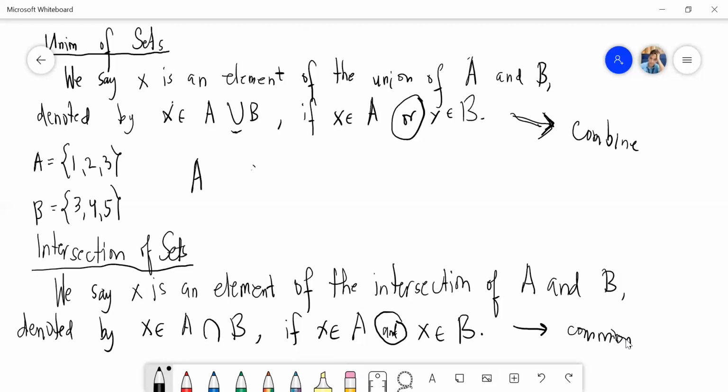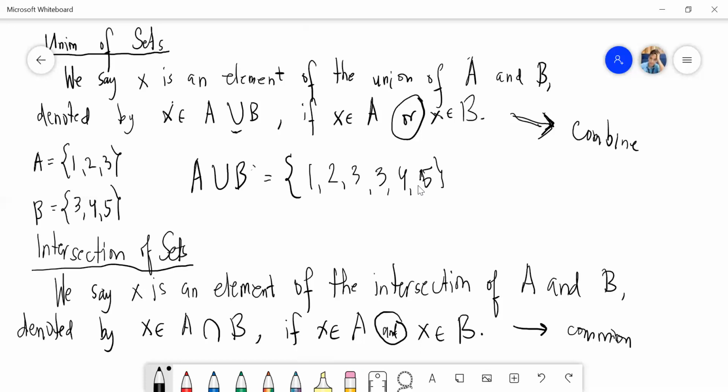If you take the union of A and B, you have to combine everything, because 1 is an element of the union of A and B if 1 is an element of A or 1 is an element of B. Although 1 is not an element of B, this is or, so it is present in the union. So you write 1, 2, 3, then 3, 4, 5.